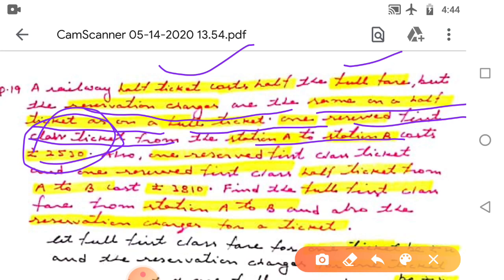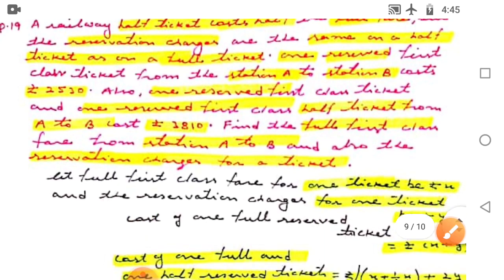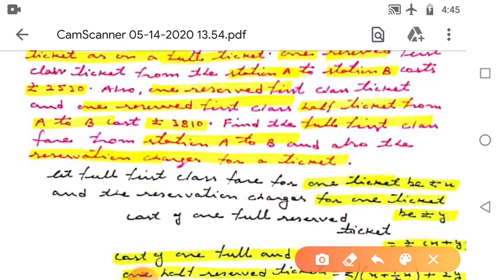Clear? And one reserved first class ticket and one reserved first class half ticket cost 3,810 rupees. Now find the cost of the full ticket and the reservation charges. Clear? Now we start.